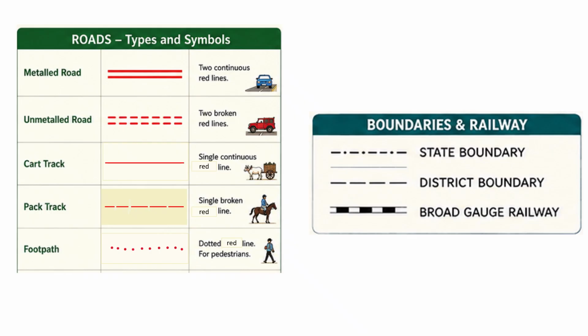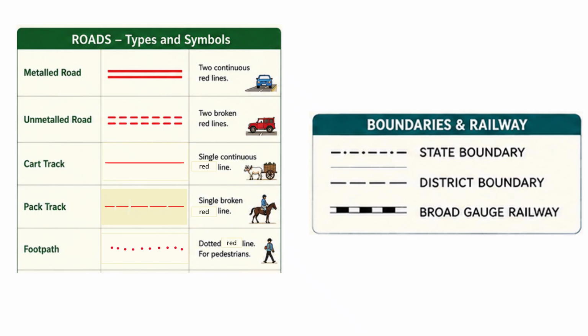Unmetalled ones are weaker, the kacha kind of roads. Cart track, when we go to a village and see a cart running on a road, that is that. Pack track, only horses will be running on them. And footpath will be what?